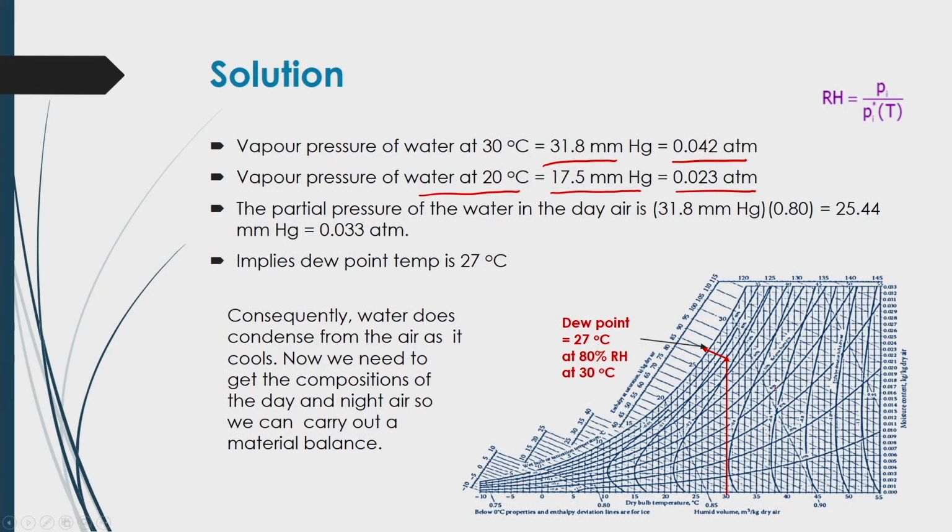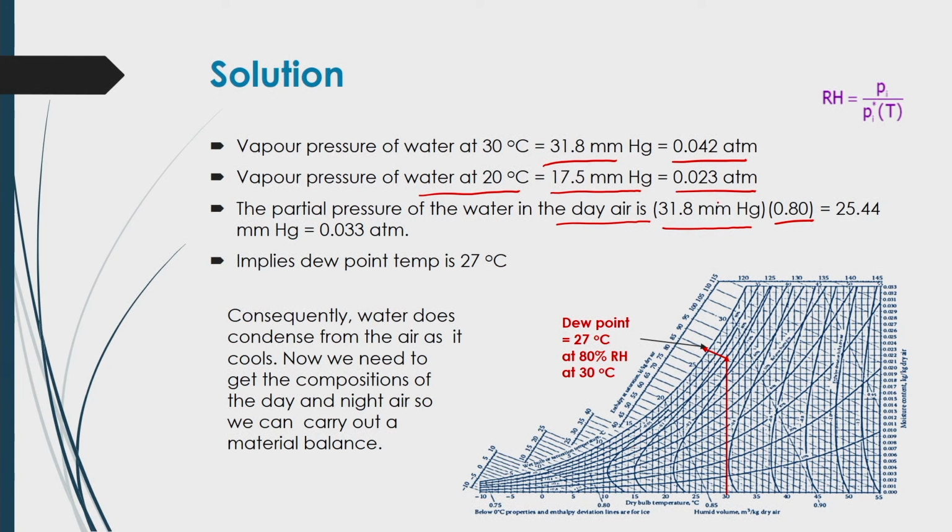Now, the partial pressure of the water in the day air will be equal to what? 31.8 millimeters of mercury times 0.8, because 0.8 is the relative humidity. This relative humidity is basically the ratio of the partial pressure to the vapor pressure.